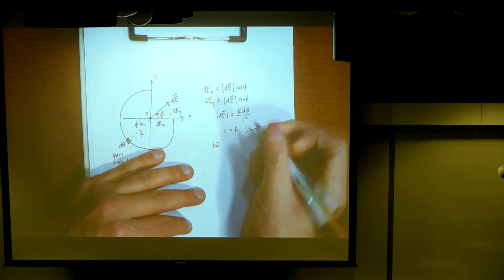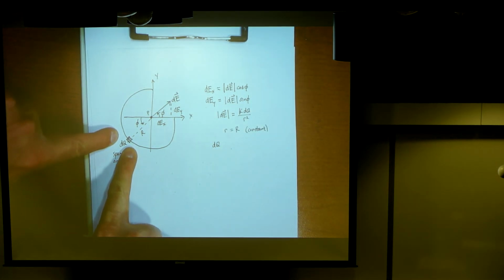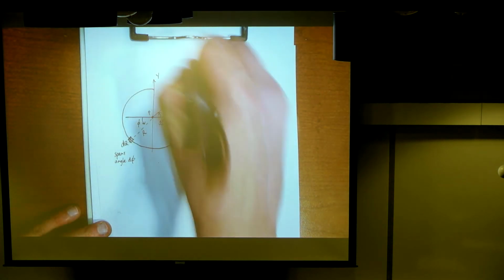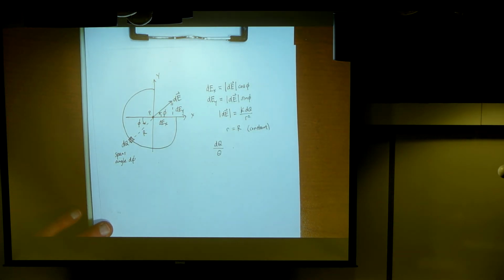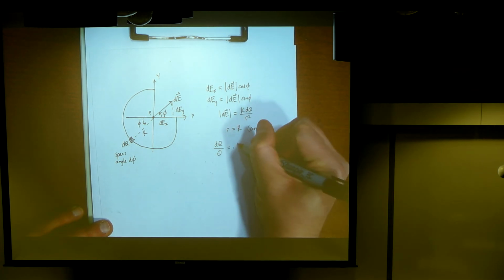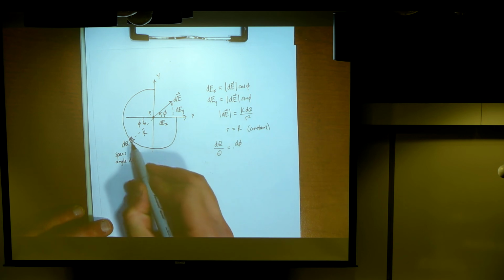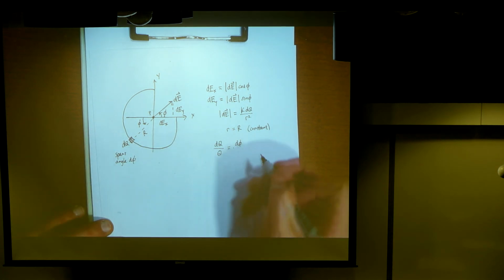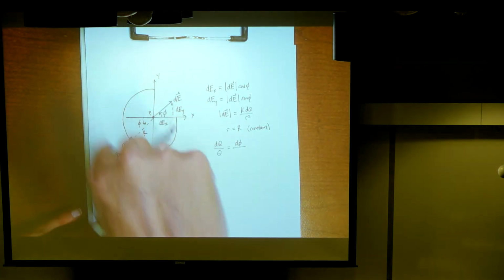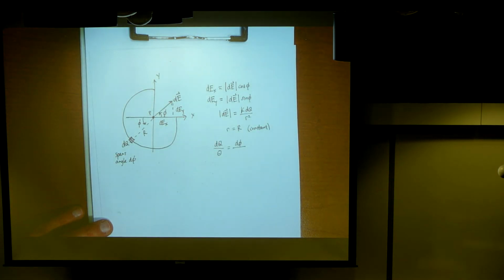dQ, which is this tiny element of charge, divided by Q, which is the total charge on the entire section of the ring, that should be equal to d phi, this tiny angle spanned by the charge element, divided by the total angle that this takes up.